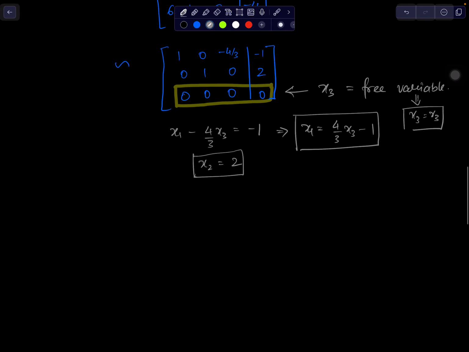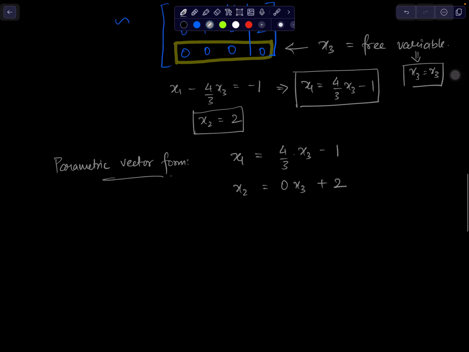So now what do we want to do? Again, we want to be able to write this solution. So that's already the solution done over there. But if we want to write it in the parametric vector form, then what do we have? So we have x1 as 4 over 3 times x3 minus 1, right? x2 is, I would say, 0 times x3 because there is no coefficient of x3, plus 2.